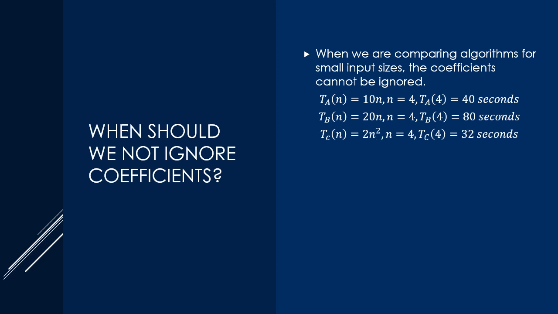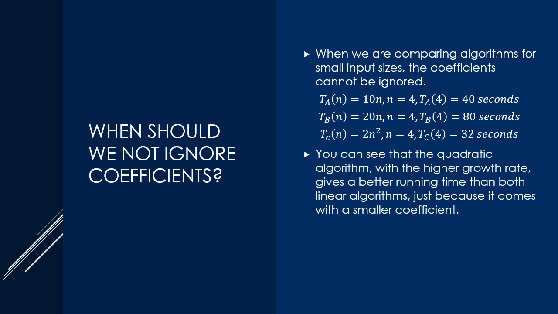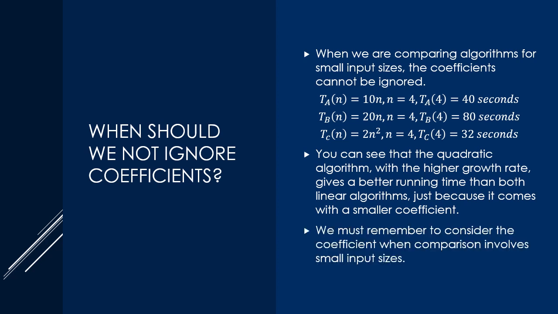My third algorithm has a running time of 2n squared and this algorithm takes 32 seconds to execute on 4 data pieces. You can see that the quadratic algorithm with the higher growth rate gives a better running time than both linear algorithms just because it comes with a smaller coefficient. We must remember to consider the coefficient when comparison involves small input sizes.